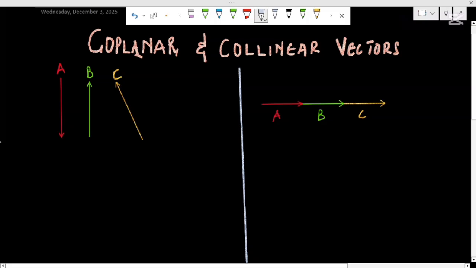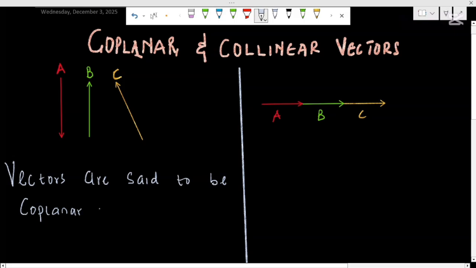So by definition now, we can simply say vectors are said to be coplanar if they lie on the same plane.